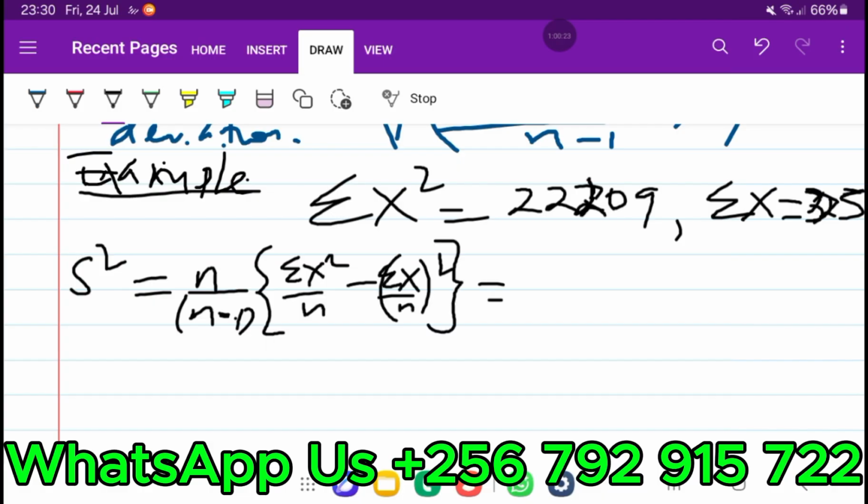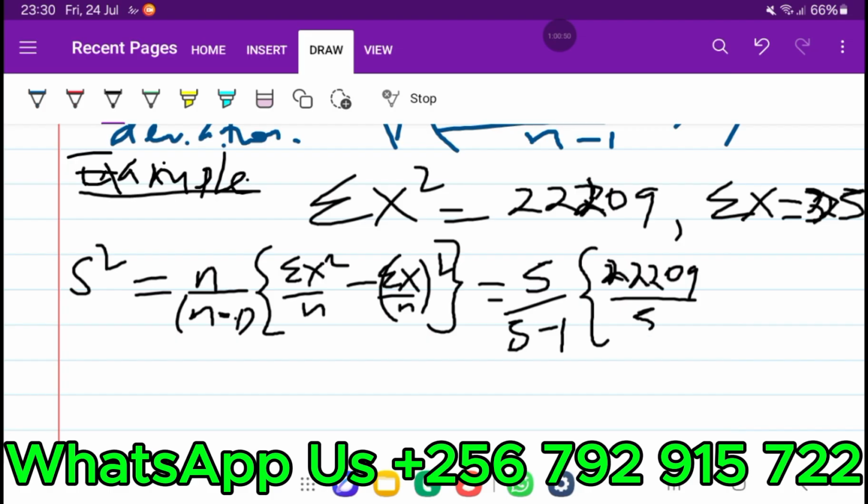We know that our n is 5, so it will be 5 over 5 minus 1, the whole of this, into 3,209 divided by 5 minus 325 over 5 bracket squared.